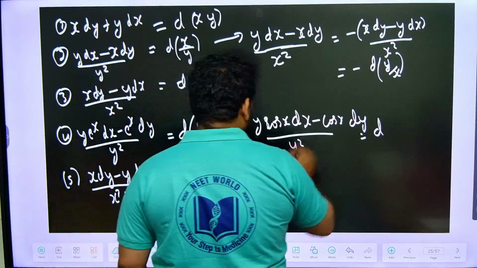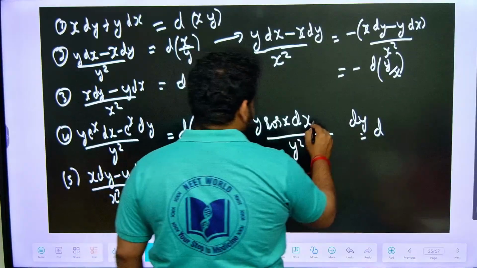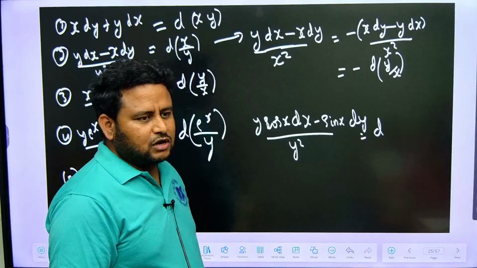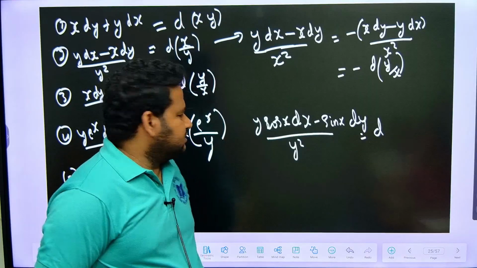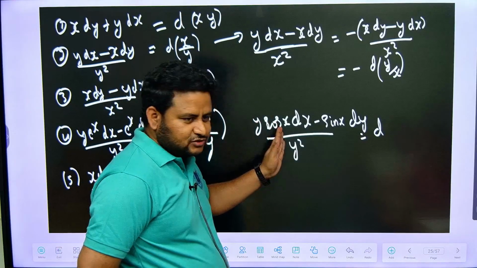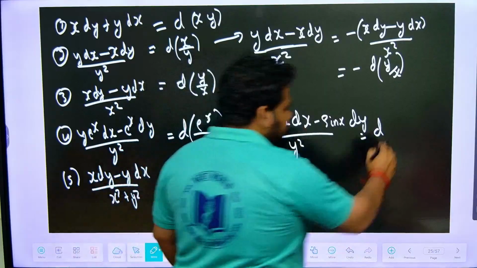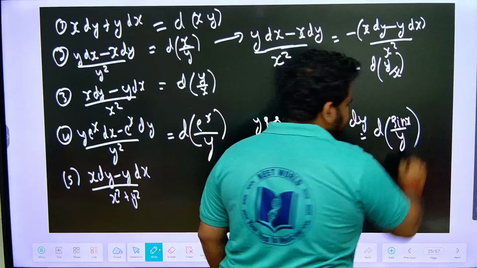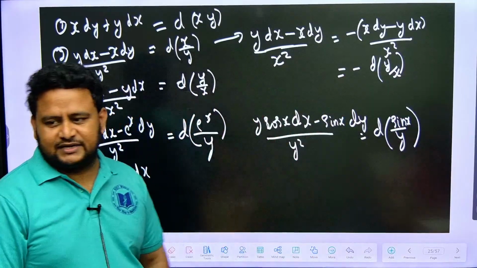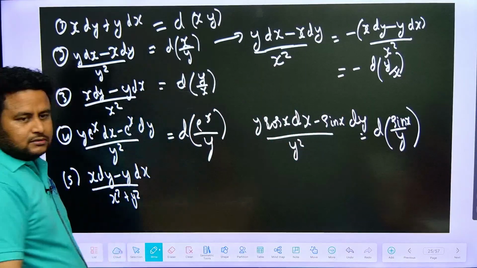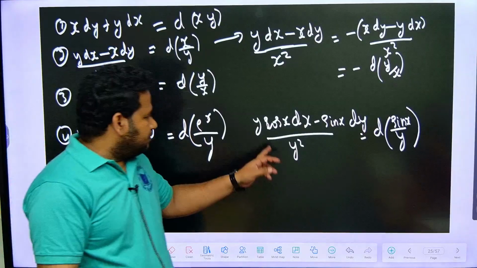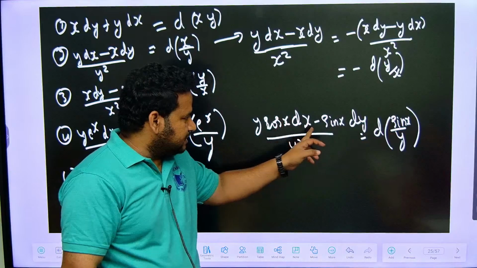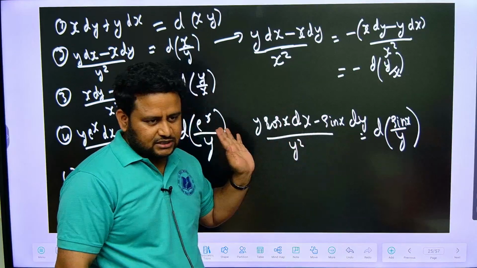Not cos x, it should be sin x. See, y into derivative of sin x is cos x, and the denominator should be y, so here it should be sin x. Like this you will get it. Y into derivative of sin x is cos x, minus sin x into derivative of y is dy, that's all.